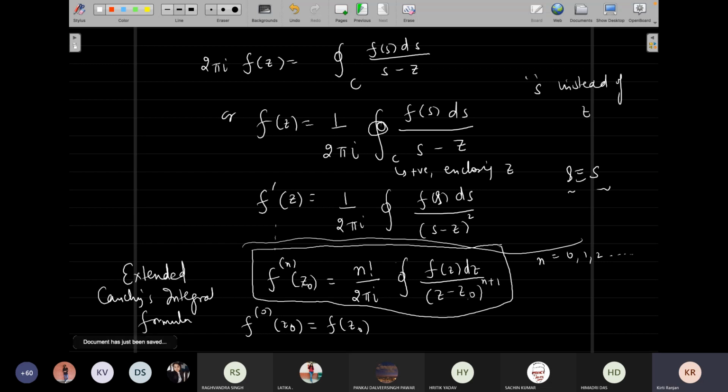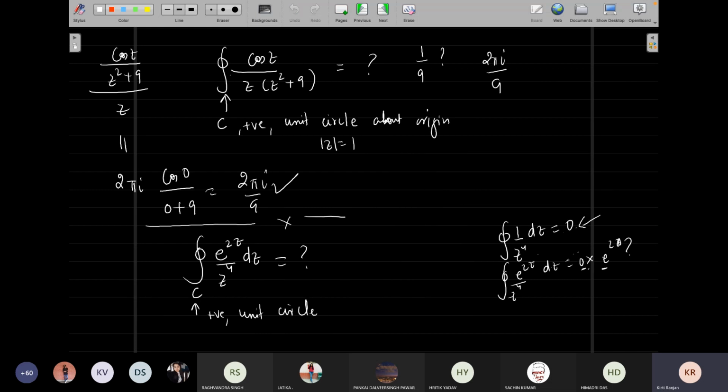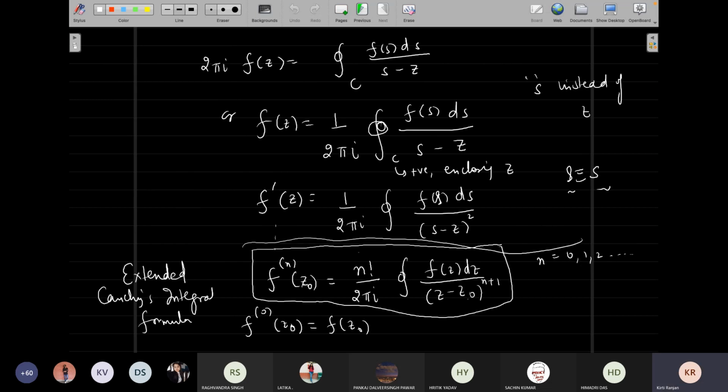It is actually Cauchy's extension of the original integral formula to tackle problems like the one which I have given you, e raised to power 2z over z^4 dz. Now, please attempt the same problem. Please write down somewhere, this same problem using your Cauchy's integral formula.